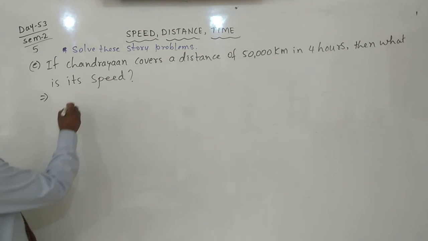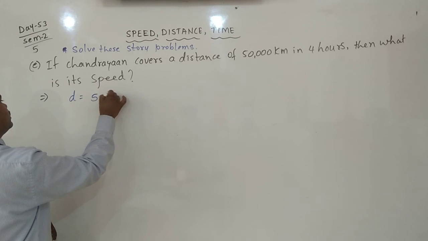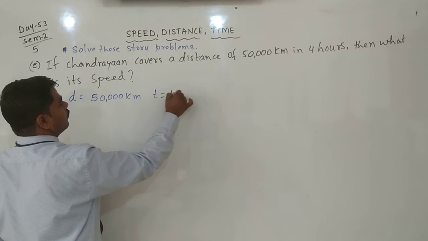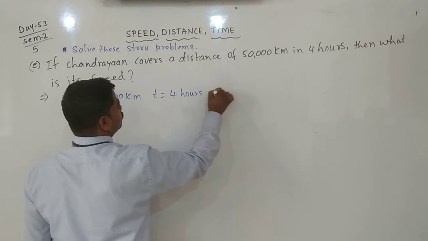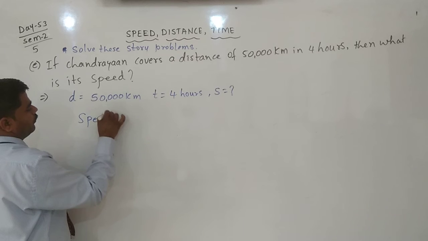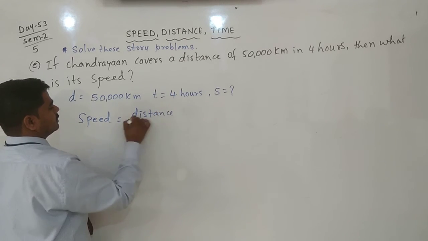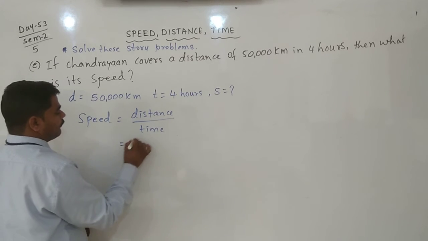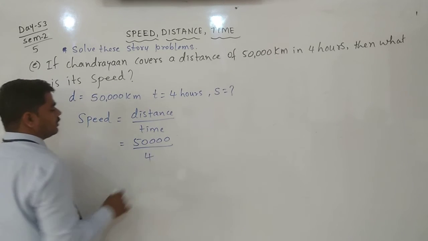Yes, we can write distance d is equal to 50,000 kilometer. Time is equal to 4 hours. Then speed is equal to question mark. Right, speed is equal to the formula distance by time. Distance is how much? 50,000 kilometer. Time is 4 hours.